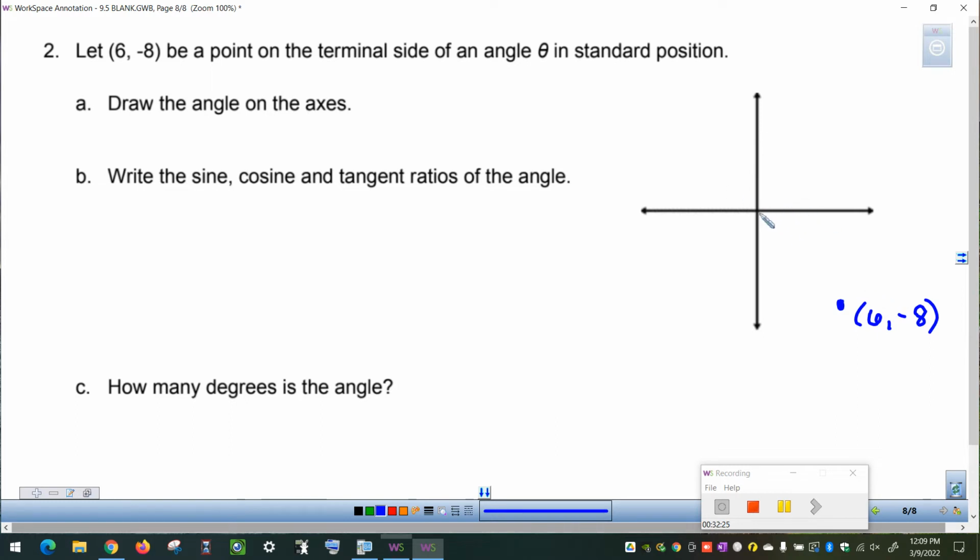And then we can turn it into a right triangle by drawing a diagonal line here connecting it to the origin. And then we can make a vertical line. I always make mine a little dotted, connecting that to the x-axis. And that's what's going to make this a right triangle, or a right angle.